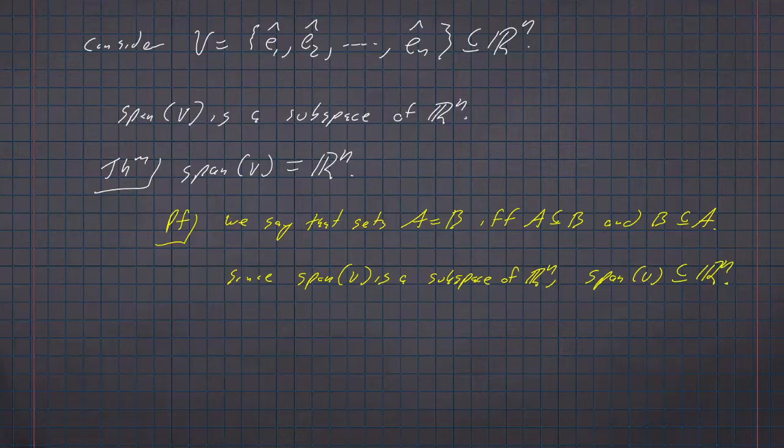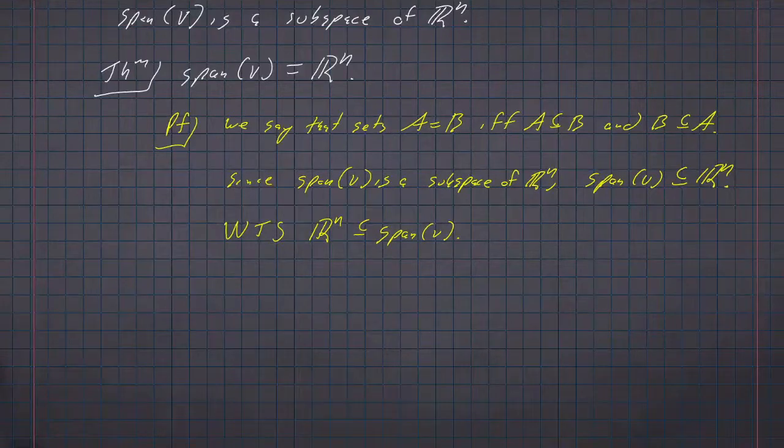One direction is pretty easy. Span of V is a subset of Rn. So that means that the only thing we want to show here is that Rn is a subset of the span of V. To show that one set is a subset of the other, let's take some vector V as an element of Rn.